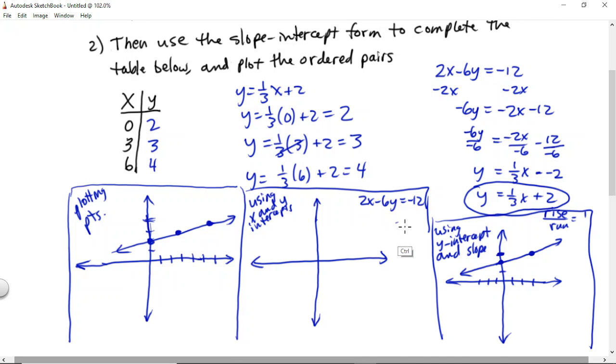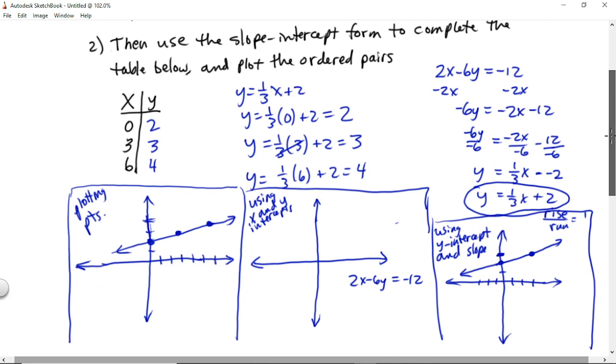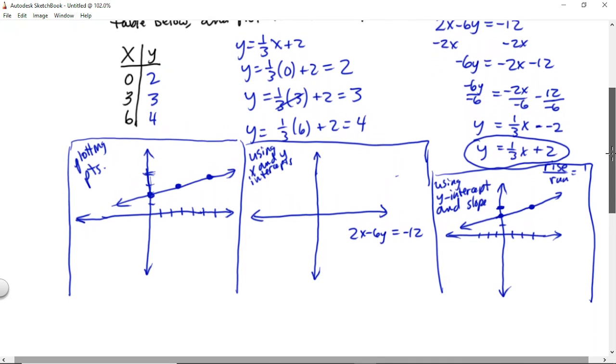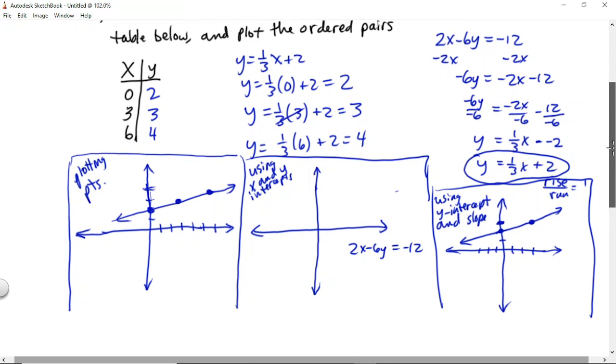So I'm going to put it down in this lower quadrant. Scroll up a little bit.